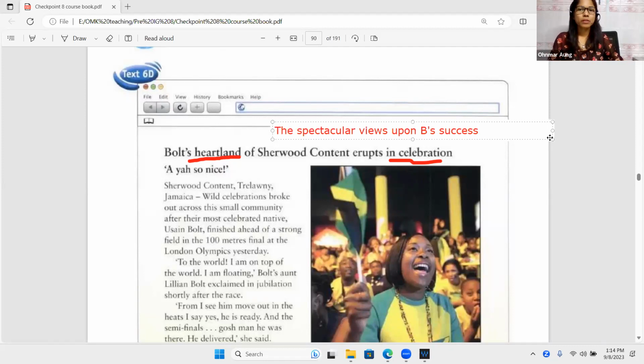It is possible because you could see the views, spectacular views. If you want to put by pots, blah, blah, blah. Yeah, so it will be too long, especially his relatives and one supporter. So yeah, okay. Spectacular views, you can give general point. Views upon Bob's success. Possible. Any other?